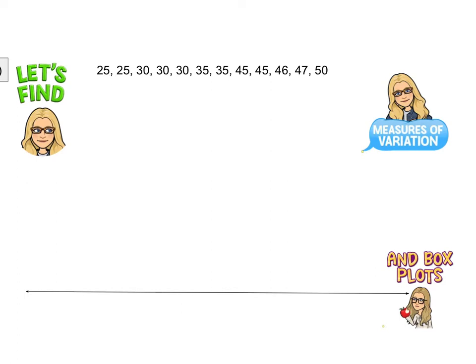So the next thing I'm going to do is I need 5 points. We make a box and whisker plot with 5 points.